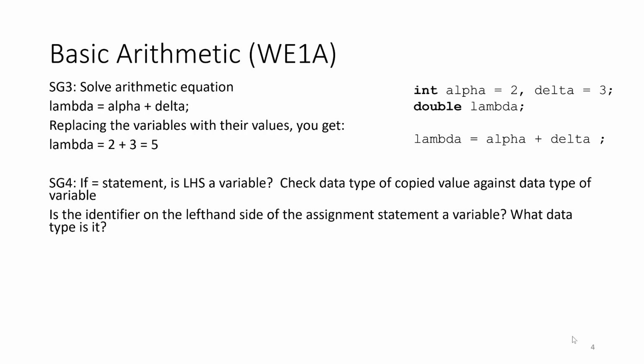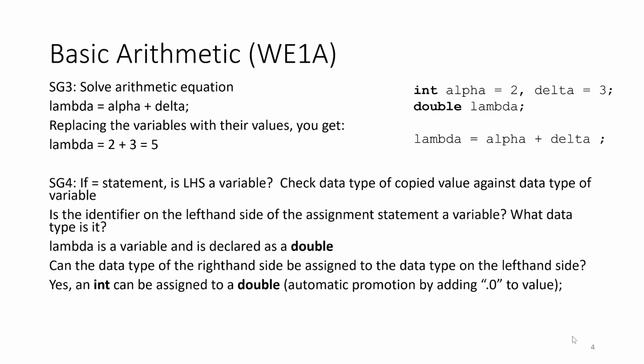And the answer to that is yes. An integer can be assigned to a double, and you would get automatic promotion by adding a .0 to the value. So 5 is promoted to 5.0 and copied into the variable lambda.